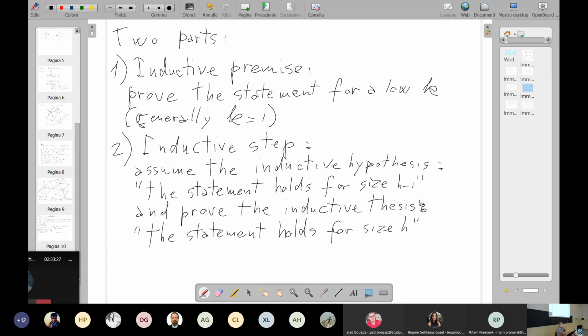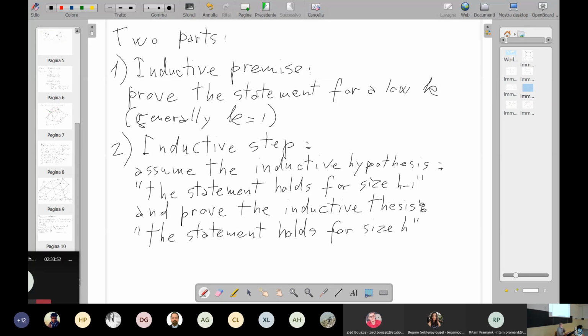You have to build something which depends on a certain index i. What you must do is the initialization: you build the first step, for i equal to 0 or to 1, but a low, easy thing.